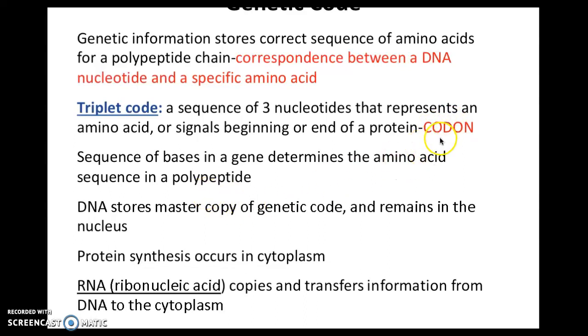That codon then codes for particular amino acids. Those amino acids are going to be put together to make a protein, and we have our hair color, eye color, skin color due to the proteins that are made in our body that are determined by our DNA sequences.